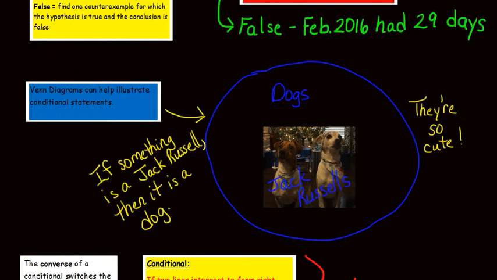Sometimes we can use Venn diagrams to help illustrate conditional statements. I've included my little puppies here. This is Spanky. He's 3, almost 4. And this is Sophia. She's 12 and a half. Bless her heart. She's a sweet baby. And they're so cute. Anyway, I drew this Venn diagram and put dogs in the entire part and Jack Russells in the smaller part.